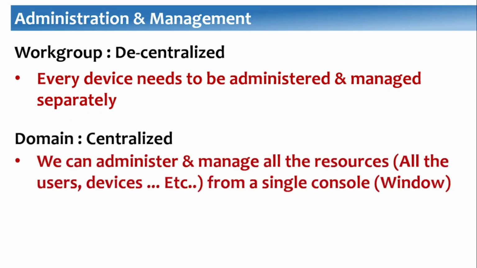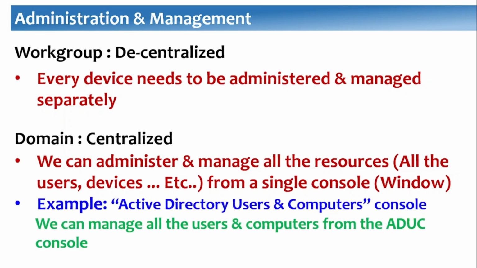We can administer and manage all the resources, say users and devices, from a single window or a single console, for example the Active Directory Users and Computers console. We can manage all the users and all the computers in our infrastructure because it's a domain network. So the administration and management is centralized.